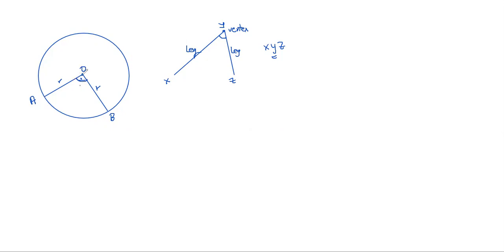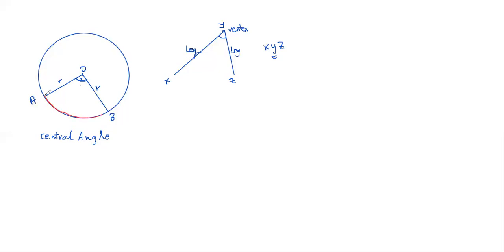Okay, now this angle, as the vertex lies on the center, we name it as central angle. So the angle AOB is a central angle, and the arc opposite to this angle is the arc AB.